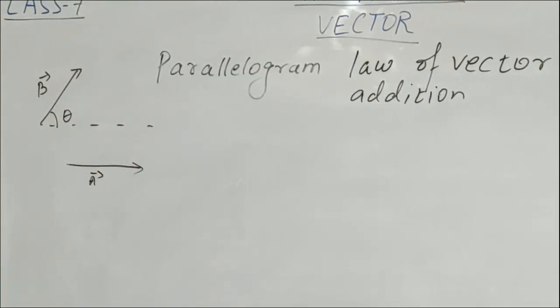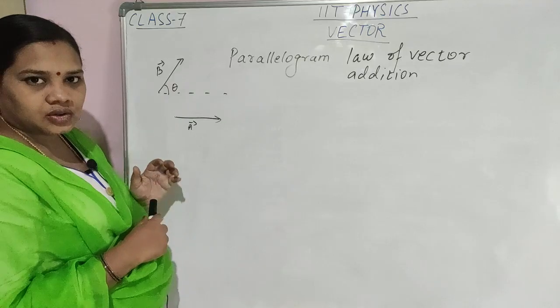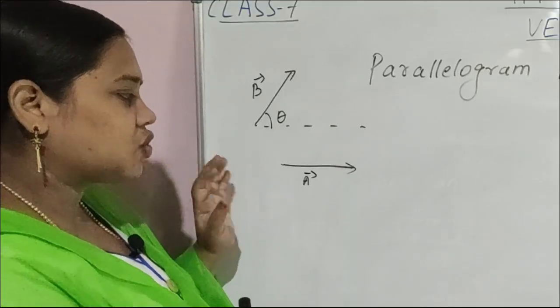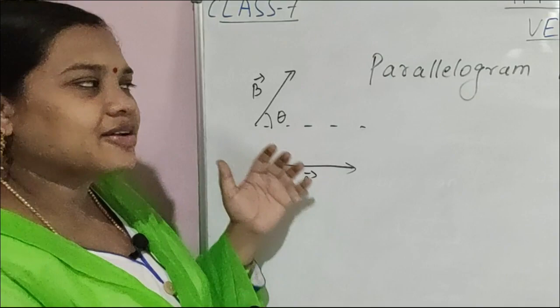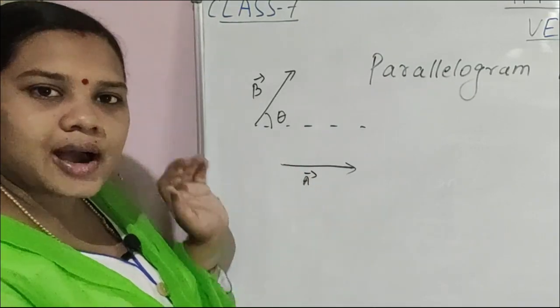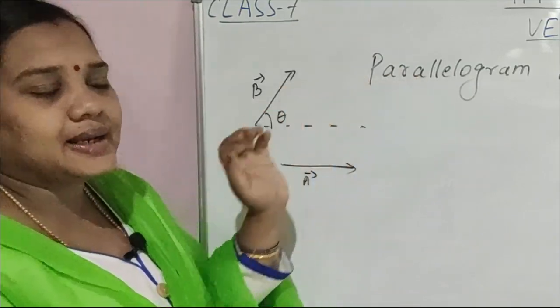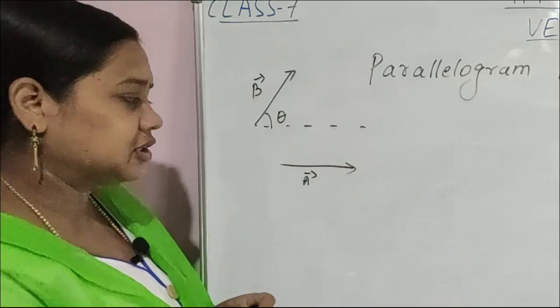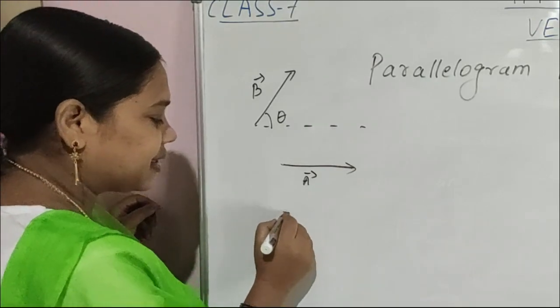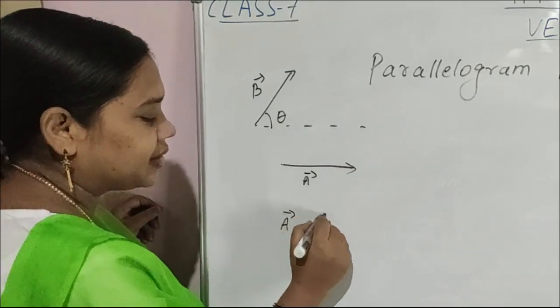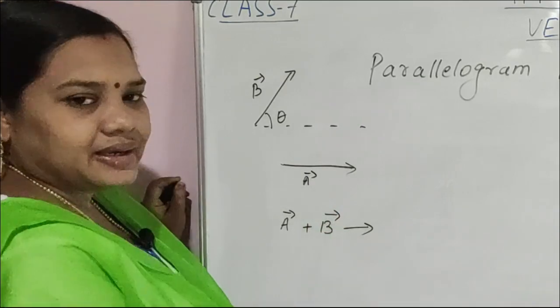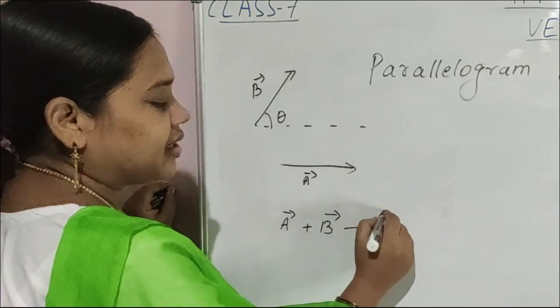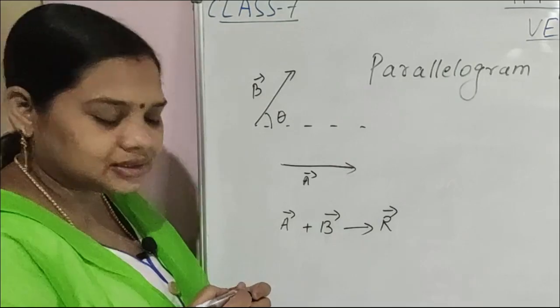You have to add these two vectors, A and B, by the parallelogram law. When we add vector A plus vector B, what does it give? The resultant vector, vector R.